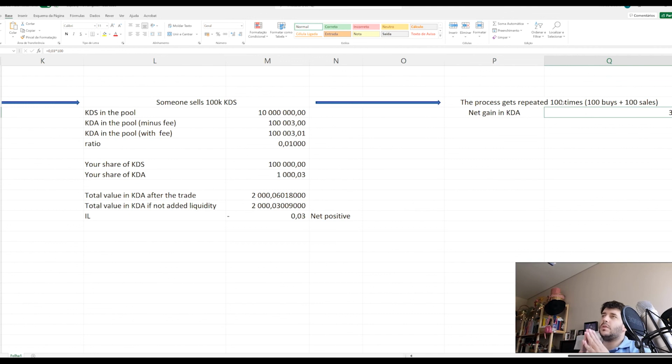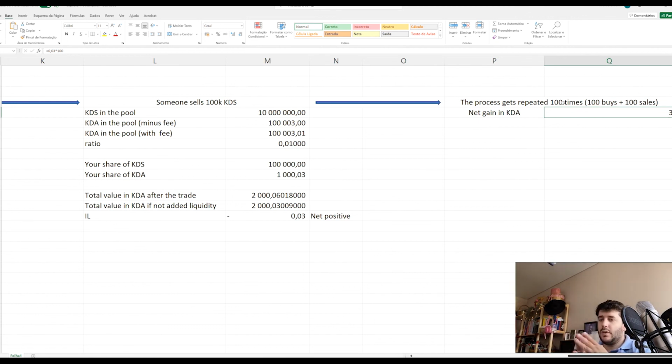So basically, what should you think about when providing liquidity? You need to think about this as a bet on the future price of an asset over the other. First of all, this impermanent loss happens regardless of the direction. If KDS drops in price, or if KDS goes up in price in regards to KDA, it's the same. It doesn't matter.